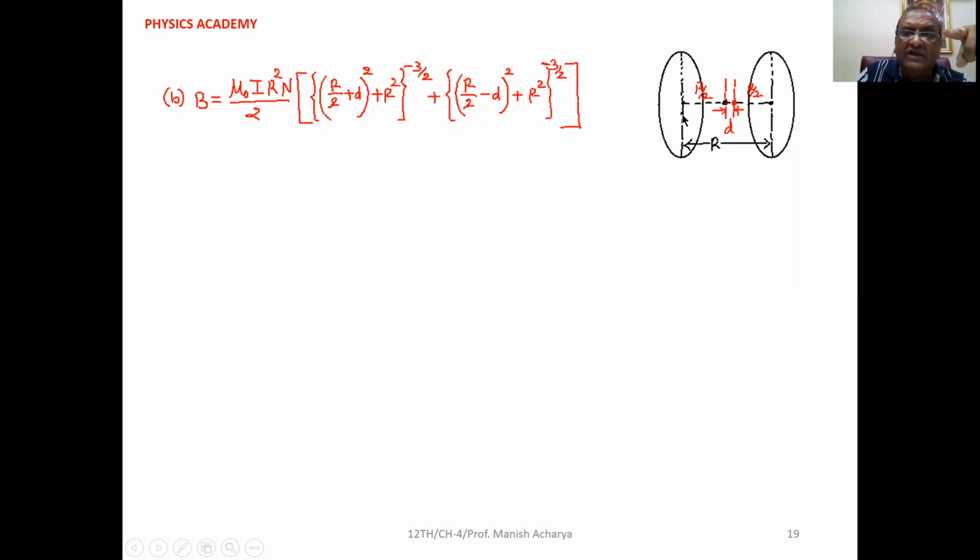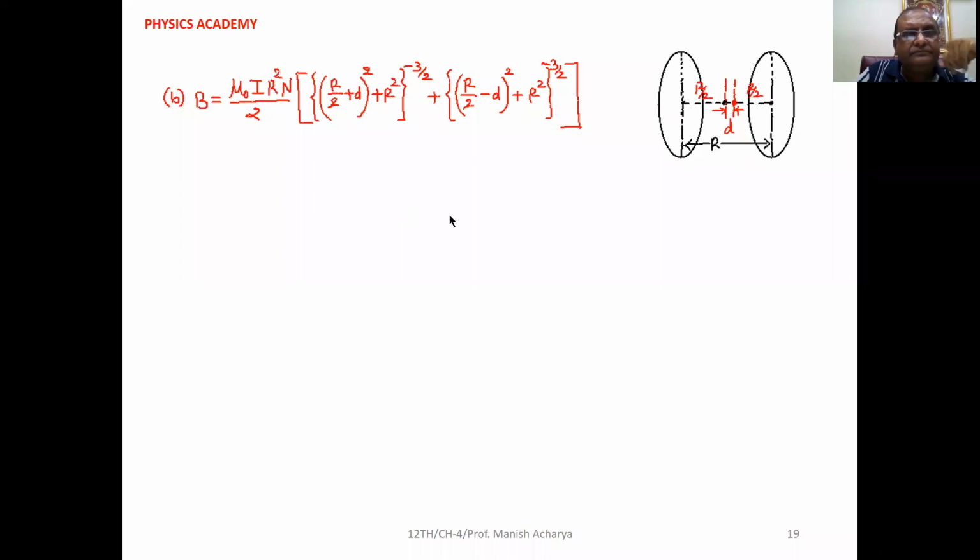Current through both the coils is in the same direction, so the field at the axis will be in the same direction. So the resultant field is the summation of these two. And this denominator part is written in the numerator, so its power is taken as raised to minus 3/2. Clear up to this one?